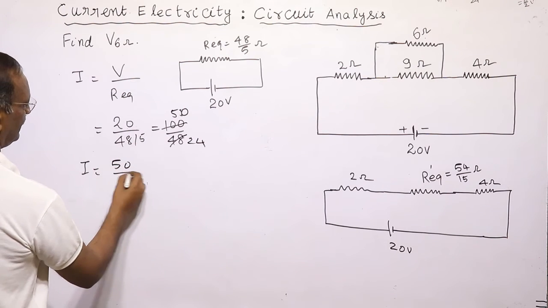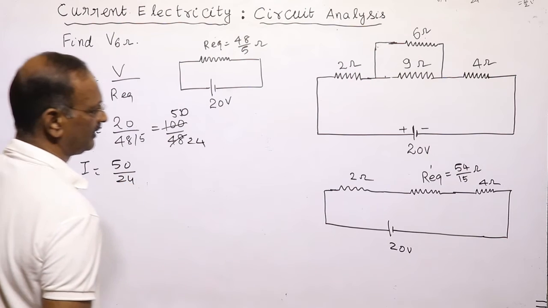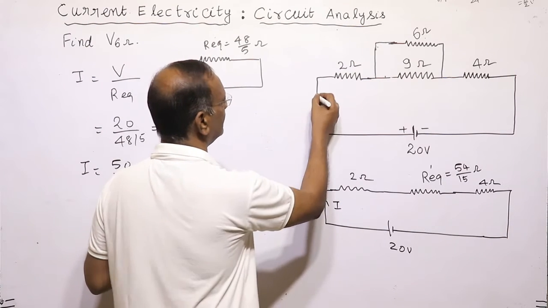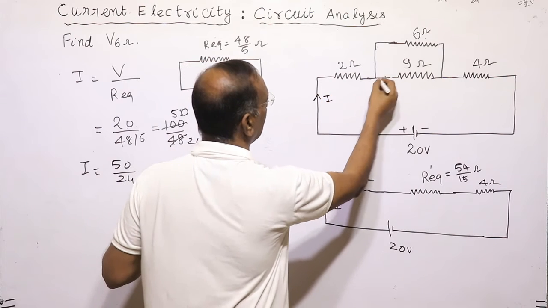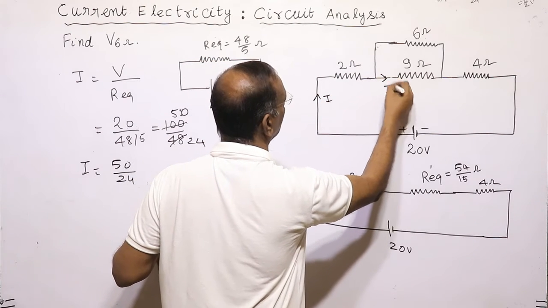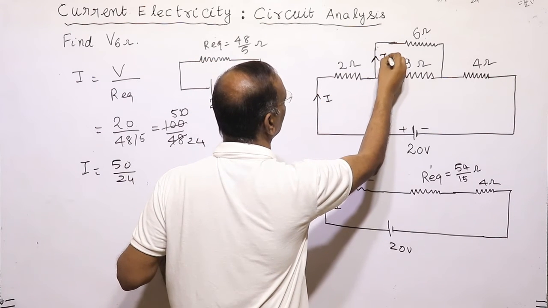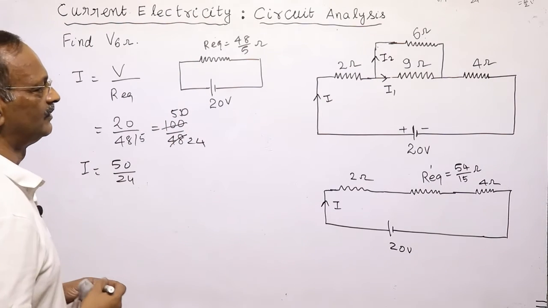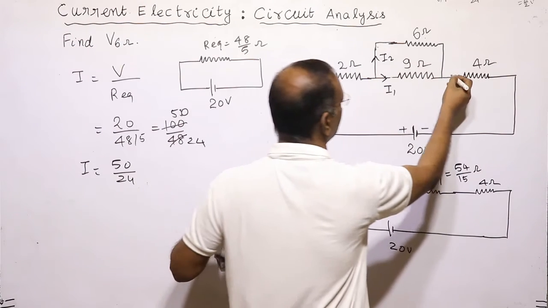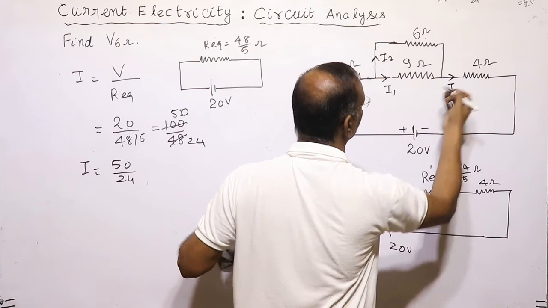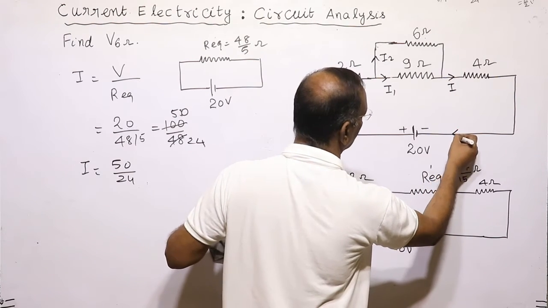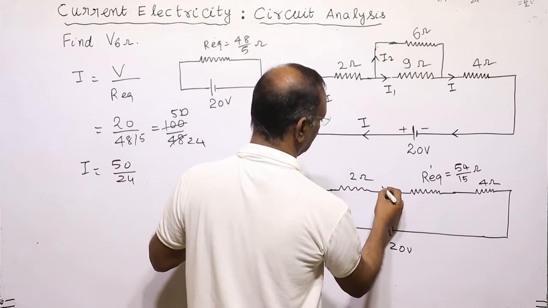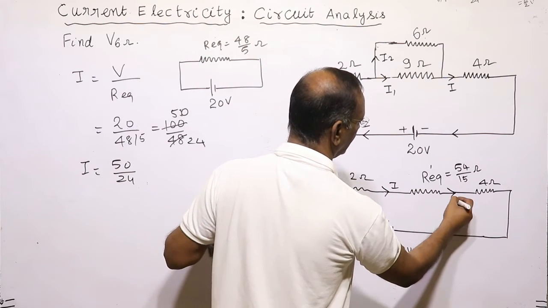Therefore, I, the current, is flowing here. Here I1 will flow, and here I2 will flow, because both are parallel, so the current is divided. Again I1 and I2 join together, and I will flow here. That I will come here. This is I. All are in series.